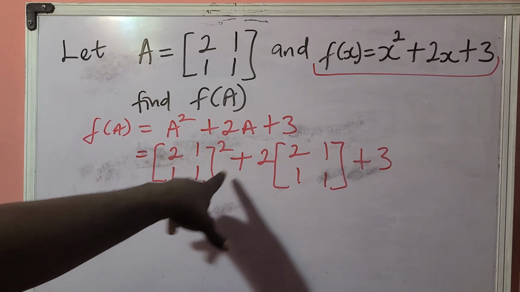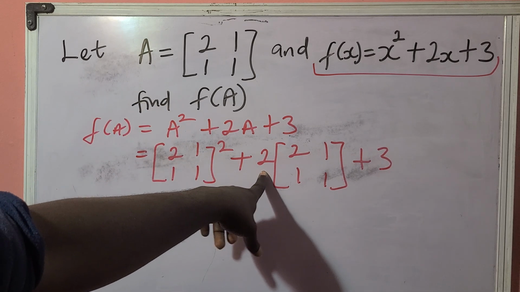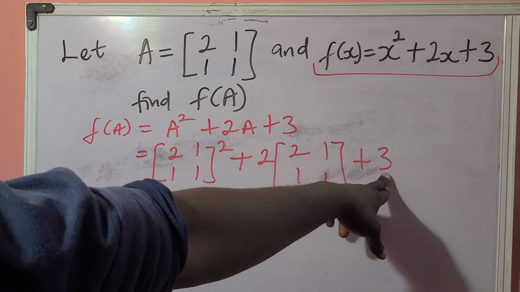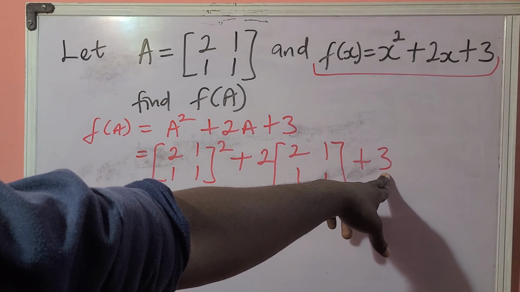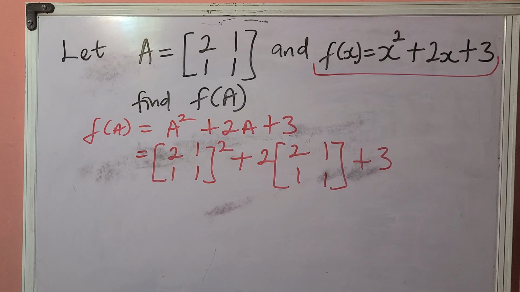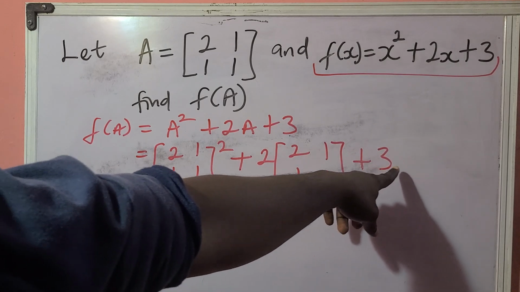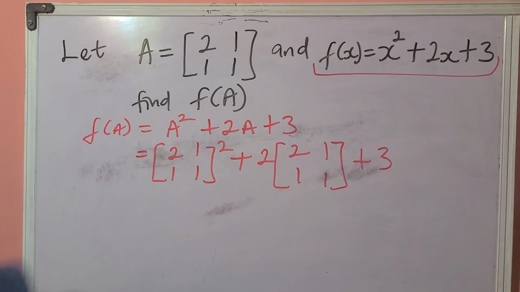We have a matrix squared, then we have a scalar 2 multiplying a matrix A, and then we have a constant value 3. Now, the first thing I want to bring to your notice is that in order for you to advance in this question, you cannot add a matrix to a constant value, so what you have to do is to introduce the identity matrix to this scalar 3.